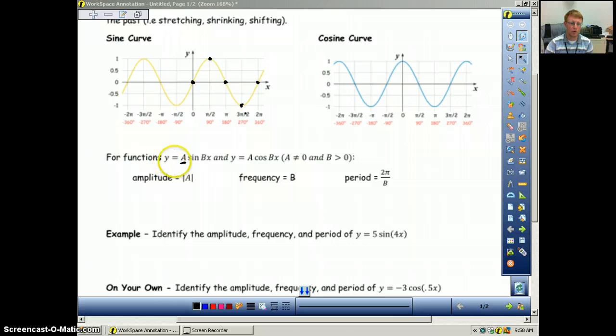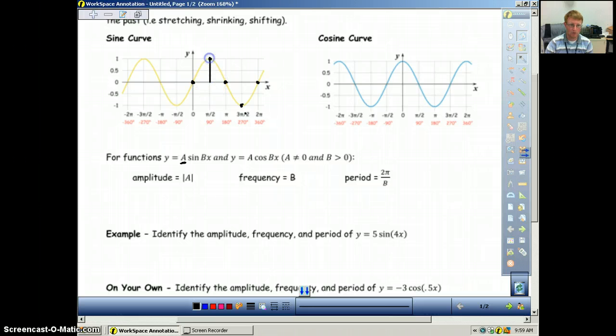Normally your amplitude is going to be just 1 until you put a number in front of it. Whatever that number is, it changes the height of the cycle, the hill, if you want to call it. But keep in mind it only goes down halfway. It's not the entire thing. So this is not equal to 2, it's equal to 1. The amplitude's from here to there.